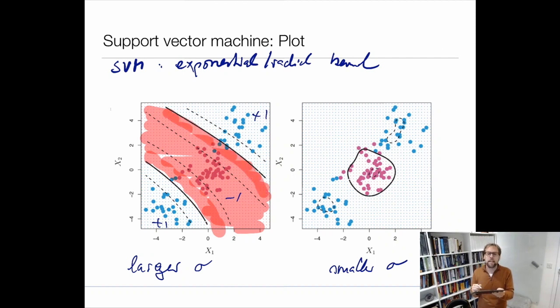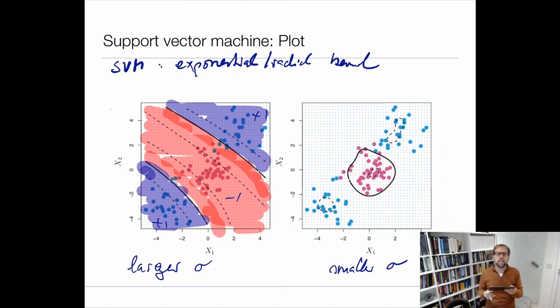Everything inside here is classified as -1, and everything outside here would be classified as +1, and the decision boundary would be the lines separating the red and the blue area here.